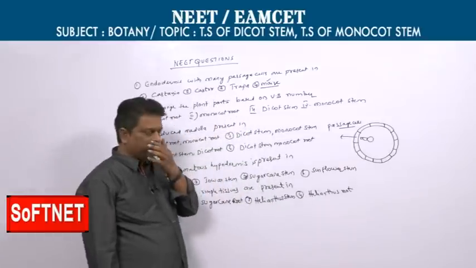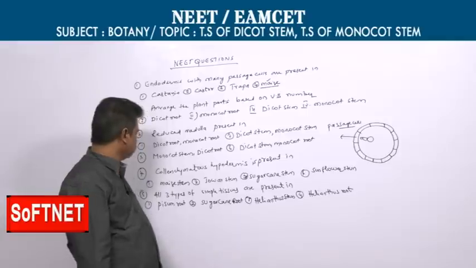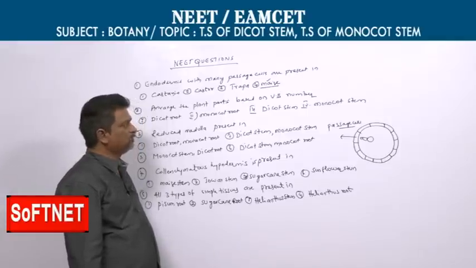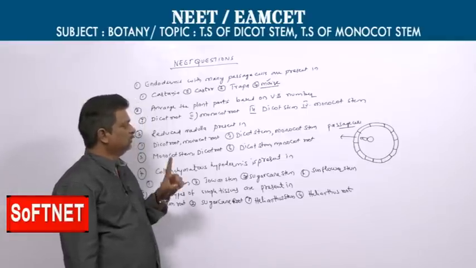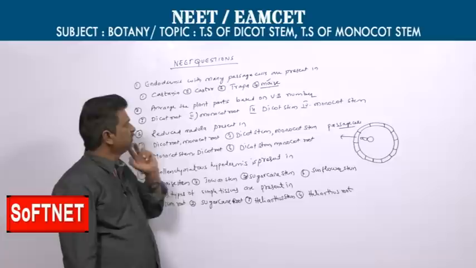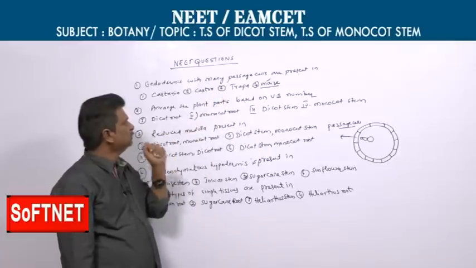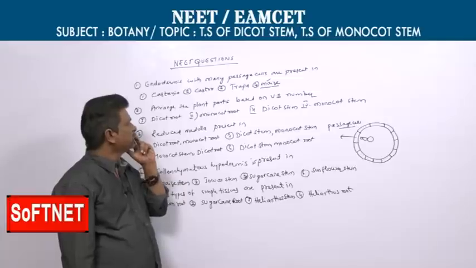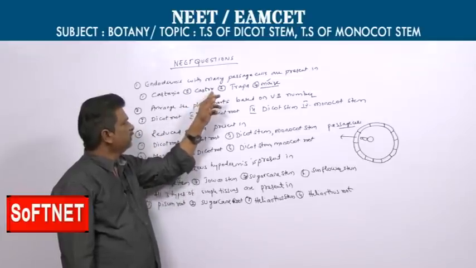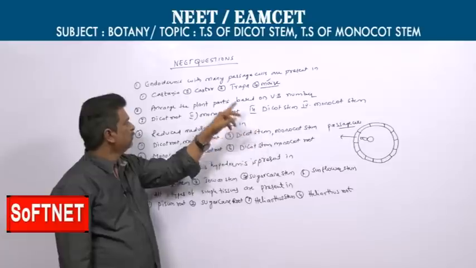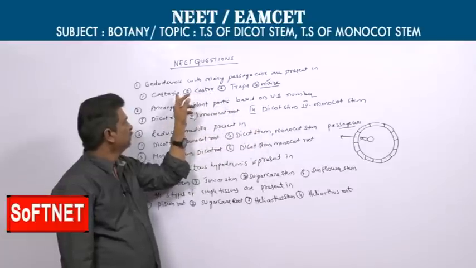So, the point: Trapa. Trapa is monarch. Monarch means one vascular bundle. So, in Trapa, one passage cell is present. Then Castor. Castor is pentarch, 5 vascular bundles present, so the number of passage cells is 5.